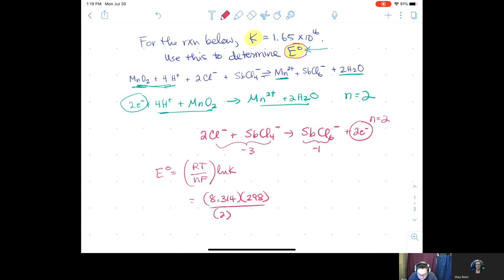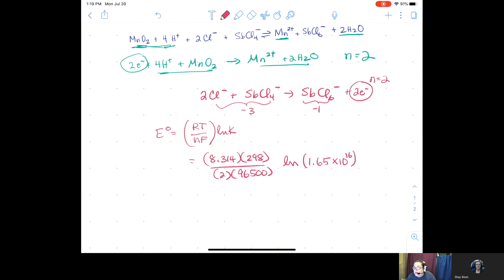N we decided was 2, F is 96,500. It's also in joules, so that's going to match the joules on the 8.314. Natural log of 1.65 times 10 to the 16th. By the way, a K of 1.65 times 10 to the positive 16th means that that is spontaneous.